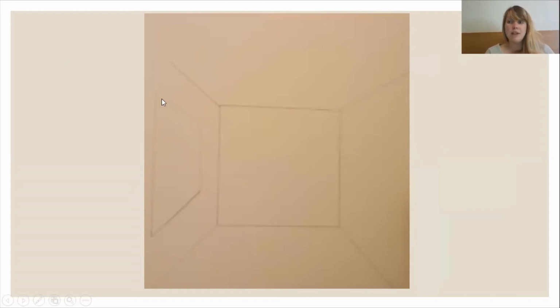And like I've said, in real life, they would actually be the same length. But to trick your eye into thinking that it is 3D, that it has depth, you need to make it shorter the further away it is from the person looking at the picture.